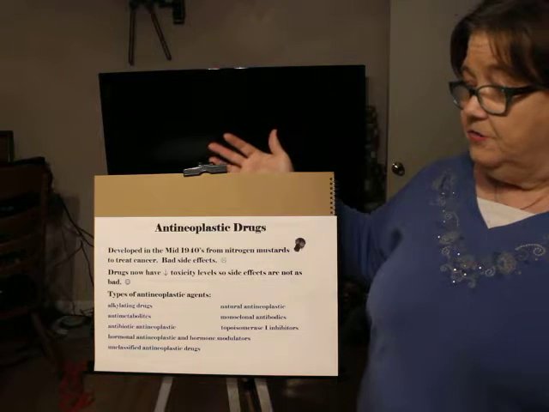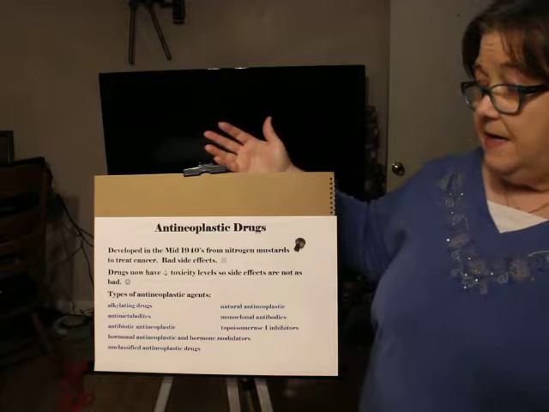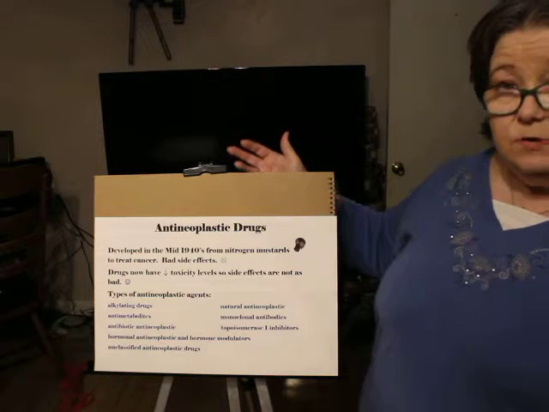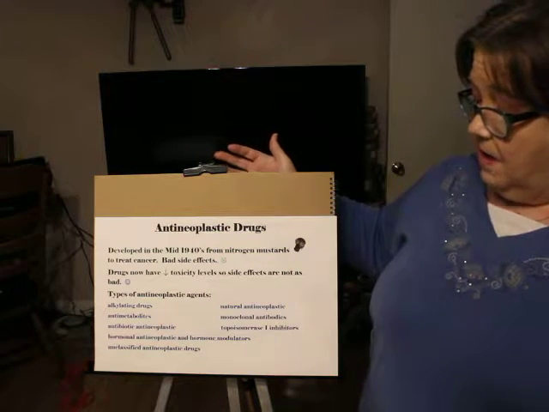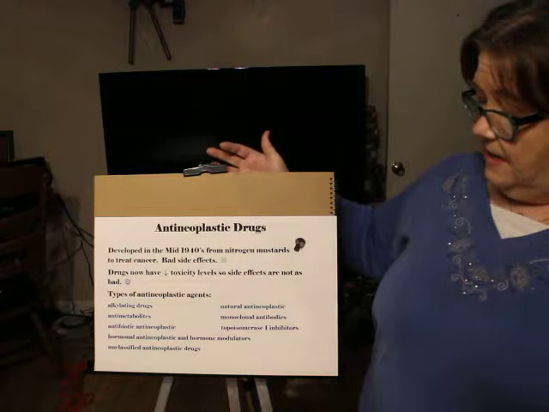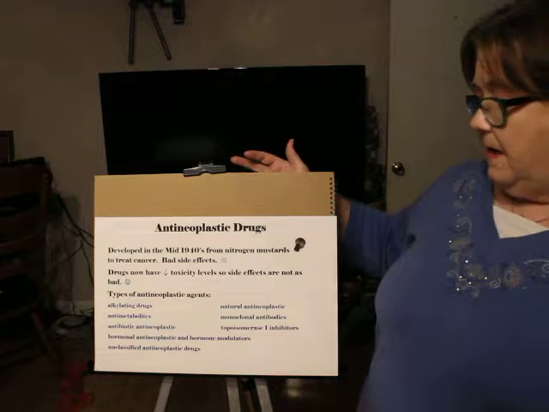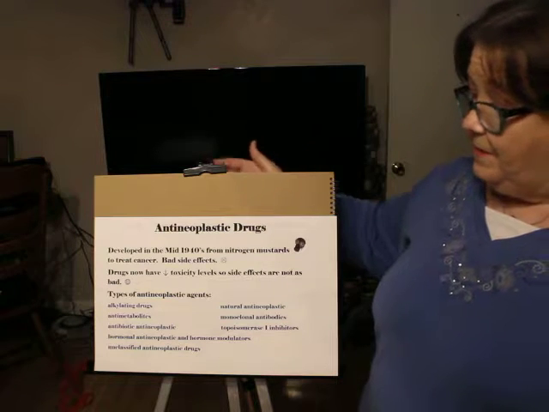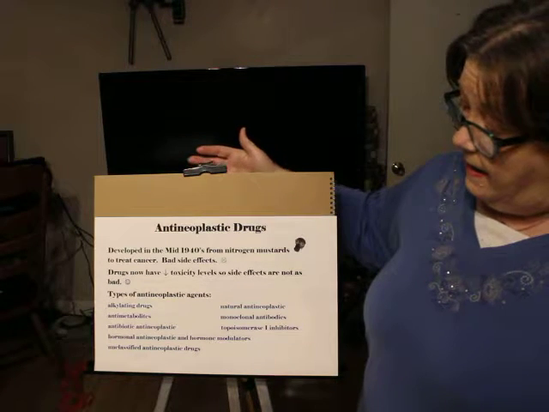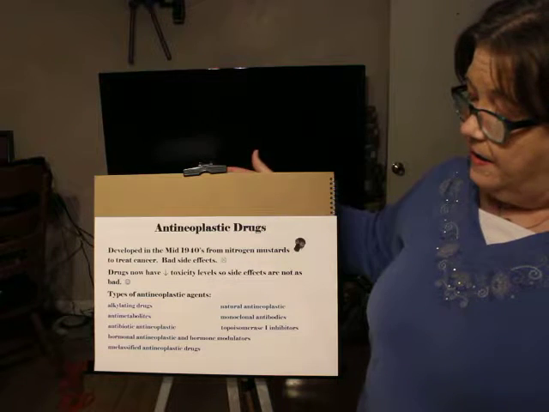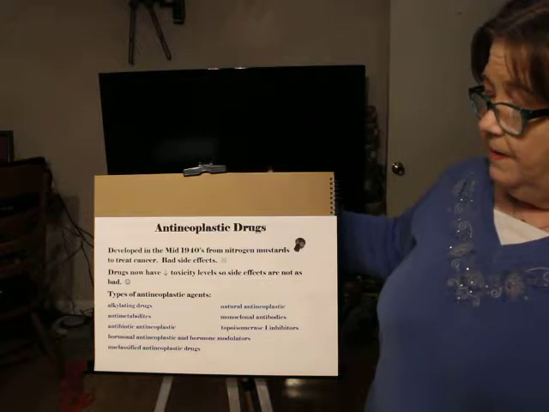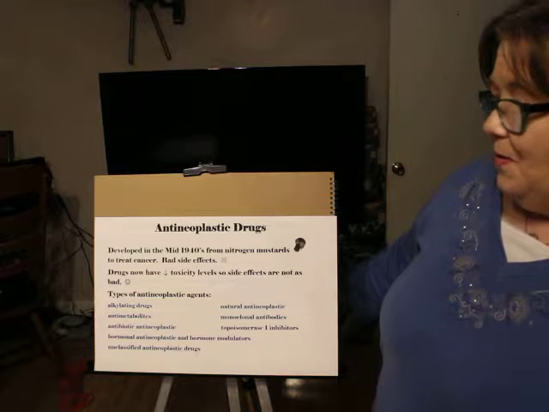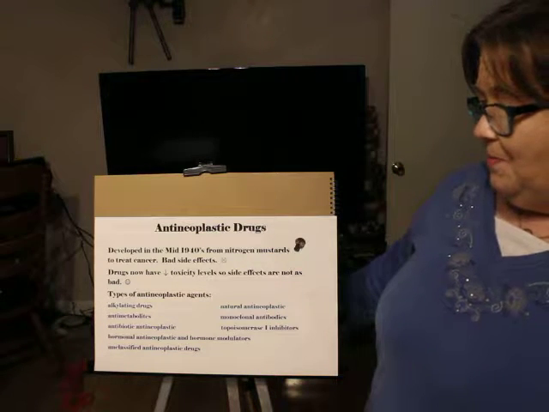There are the alkylating drugs, the anti-metabolites, and the natural anti-neoplastics, that's what's made from plants and so on. There are the monoclonal antibodies, anti-metabolites, antibiotic anti-neoplastics, topoisomerase 1 inhibitors, hormonal anti-neoplastics, and hormone modulators.